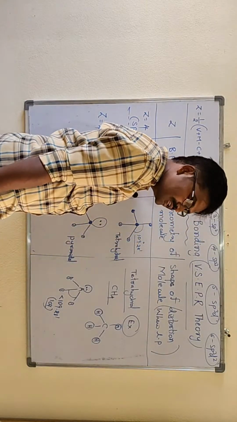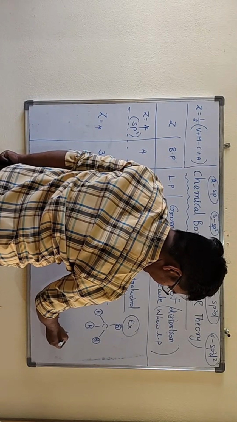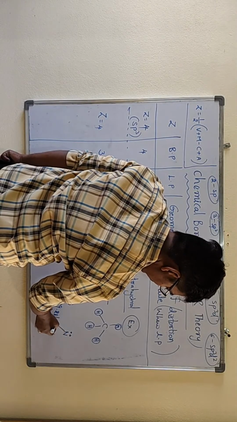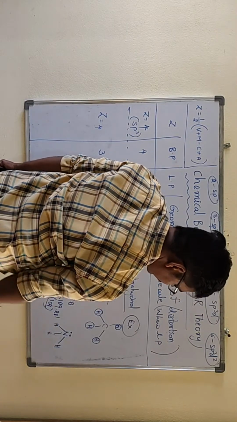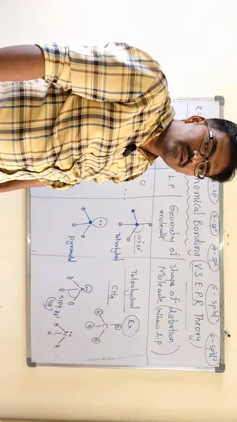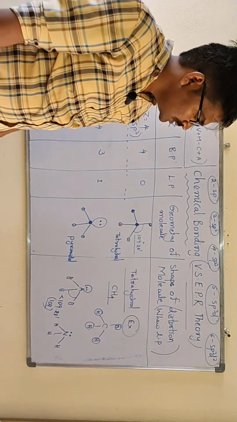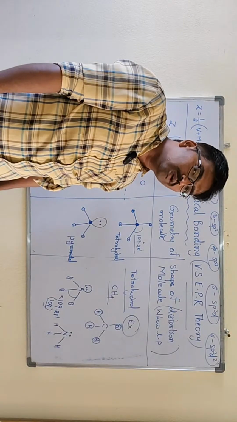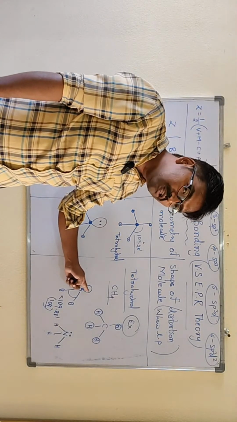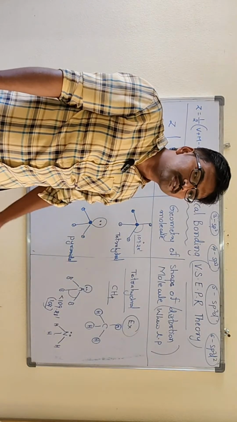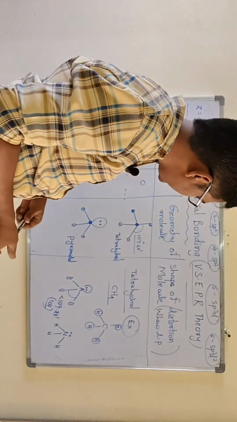Example, the NH3 molecule. The bond angle is less than 109 even though it is sp3 hybridization, because of repulsions between the lone pairs and bond pairs.